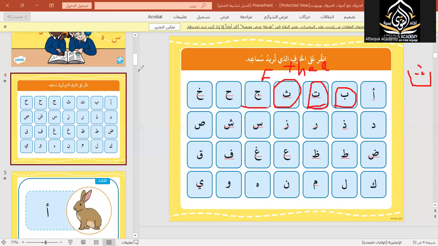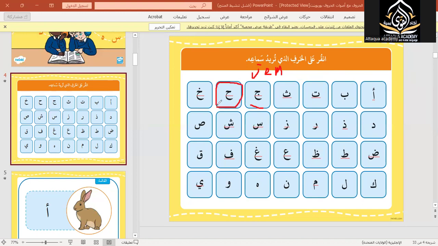After that, we have Jim, like in English, like this. Jim, okay? And it has to be longer, like a double E. What is the sound? Edge, okay? Or j, like this.